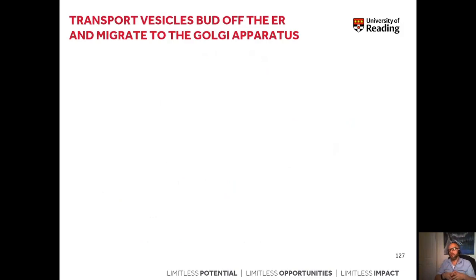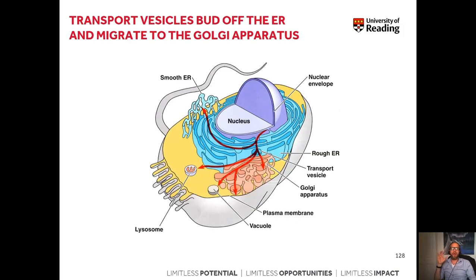So what happens to those proteins that have been produced on ribosomes? They bud off from the ER in vesicles and migrate to the so-called Golgi apparatus. As you can see here, the Golgi apparatus is quite close to the endoplasmic reticulum, so the distance is actually not that large.